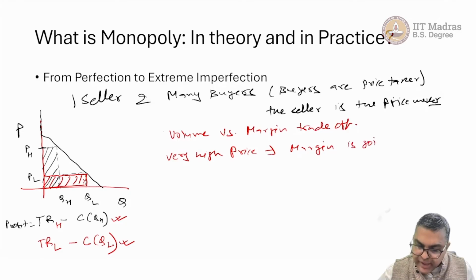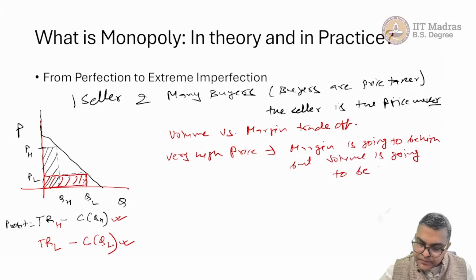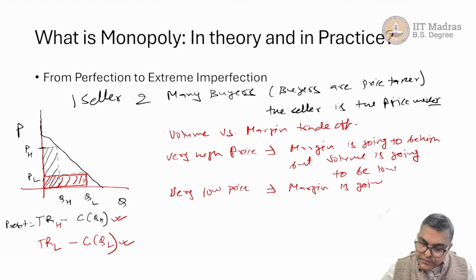Margin is going to be high, but volume is going to be low. And at a very low price, margin is going to be low, but volume is going to be high.